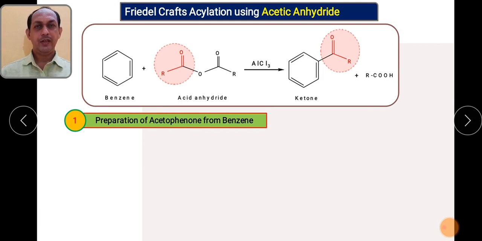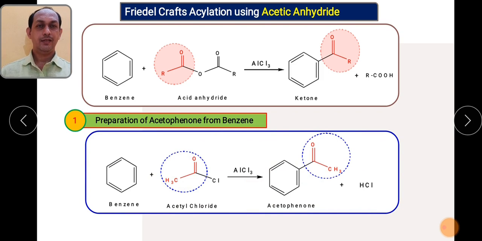Now let us see particular examples of the Friedel-Crafts acylation. How will we convert benzene into acetophenone? As we know, acetophenone is a compound from the ketone family, having the structure C6H5COCH3, and the starting compound is benzene.